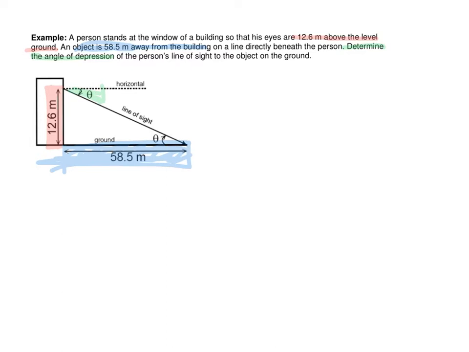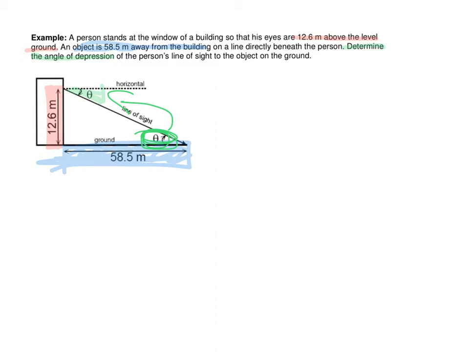Now, the important thing with angles of depression is that they often construct the angle outside of the triangle. Luckily for us, there's an angle inside the triangle that's going to be the exact same measurement as the angle of depression.